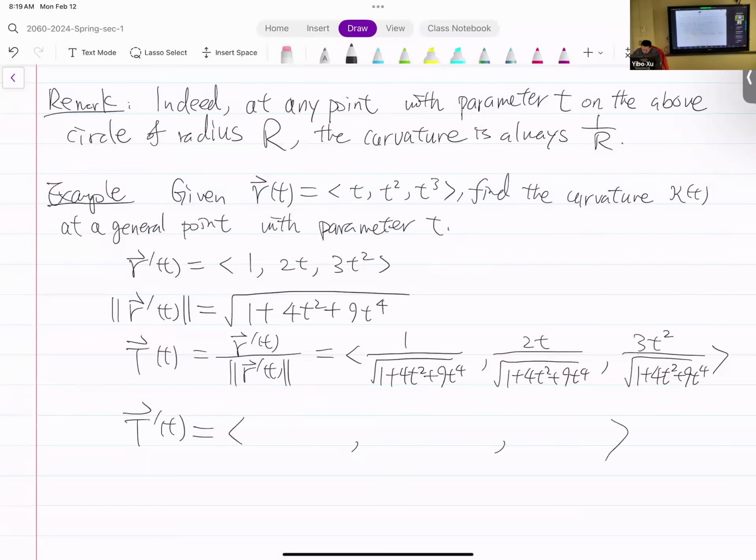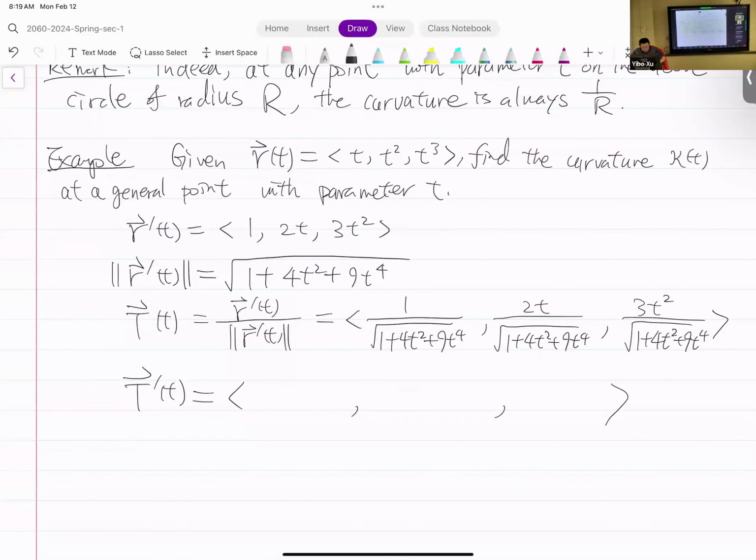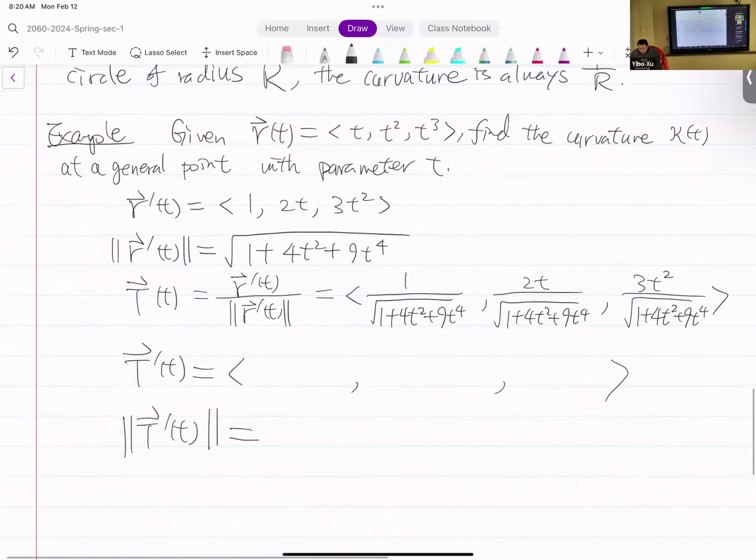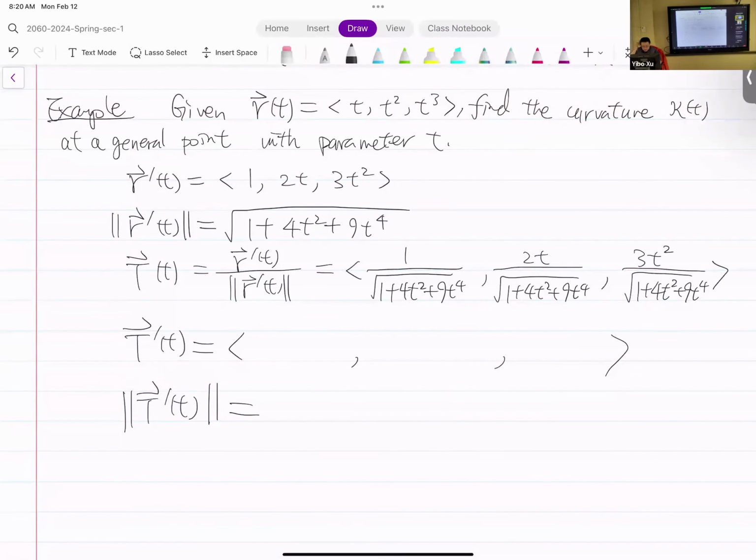So let me just leave blanks for the component-wise derivatives. Still, the next step is the magnitude of the possibly complicated components. So we still need to calculate this. And finally, we do the division in the curvature formula. So this may be highly complicated.